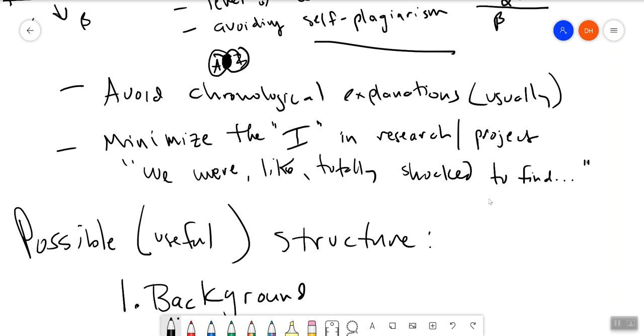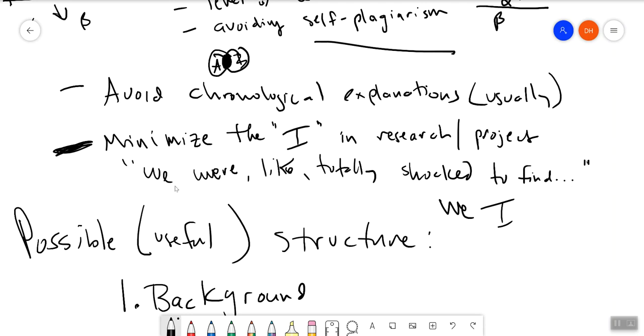So a chronological explanation can sometimes feel a little bit clunky. And like I said, since you're not telling an anecdote, you want to minimize the I in research and your projects. That means limiting we and I as much as you can in your science papers. So you want to avoid sentences such as, we were like totally shocked to find that, right?